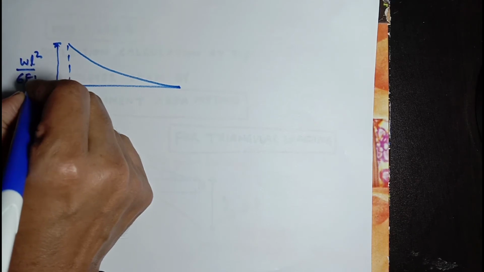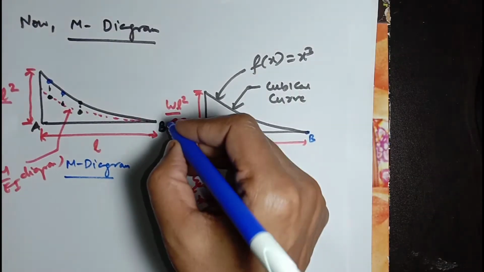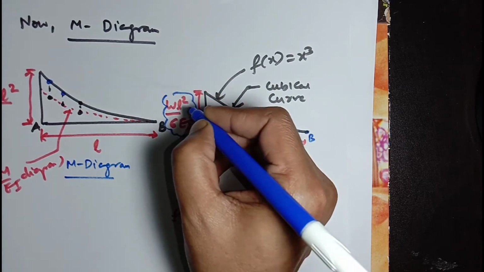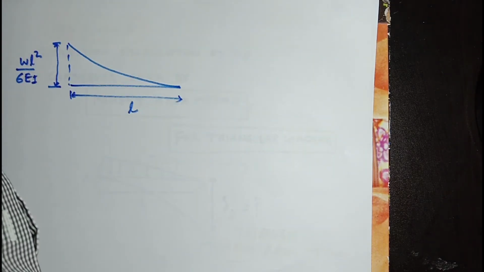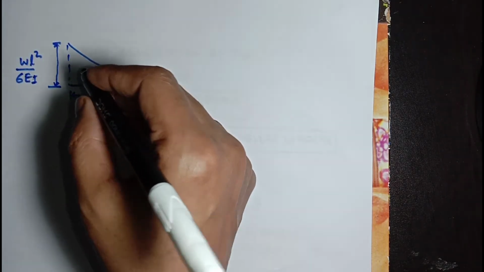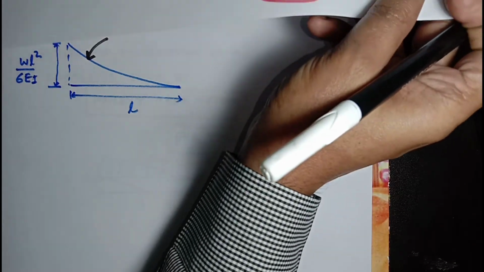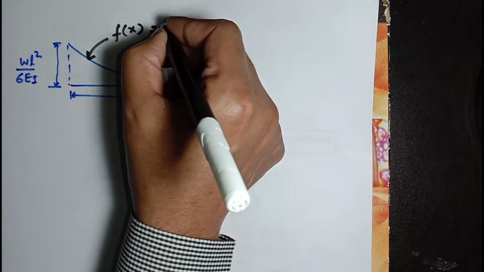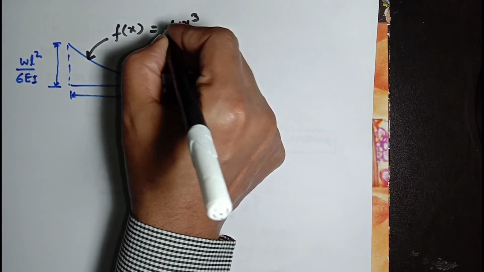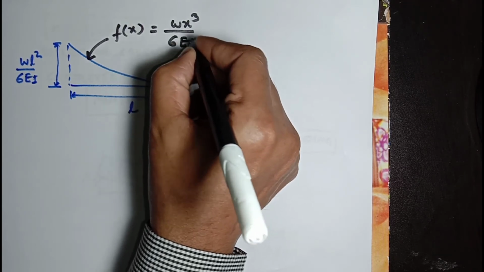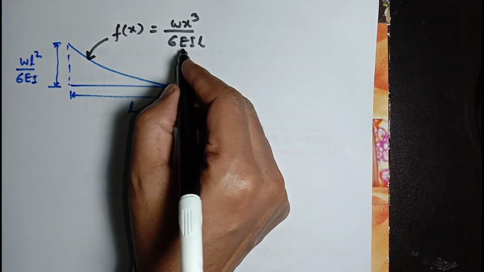The maximum value is WL square divided by 6EI, and the length of this beam is L. The general expression for this curve is Wx cube divided by 6EIL, because every coordinate has been divided by the constant value of EI.